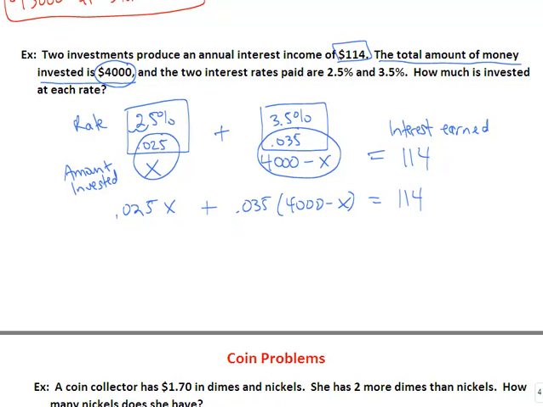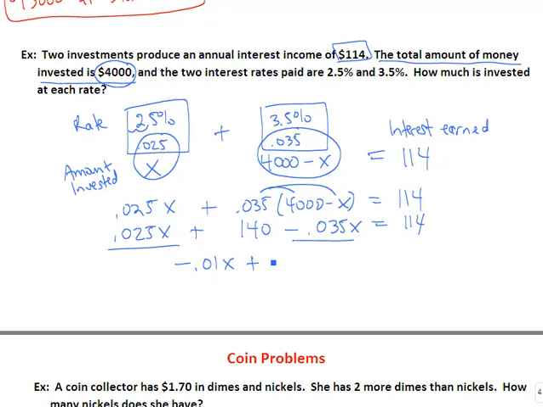Now to solve, we're going to distribute. Use your calculator here if you need to. 0.035 times 4,000 is 140. 0.035 times negative x is negative 0.035x. Now we have a couple like terms on the left side. 0.025 minus 0.035 is negative 0.01x.